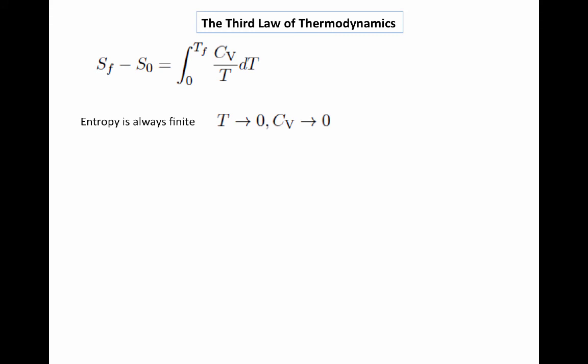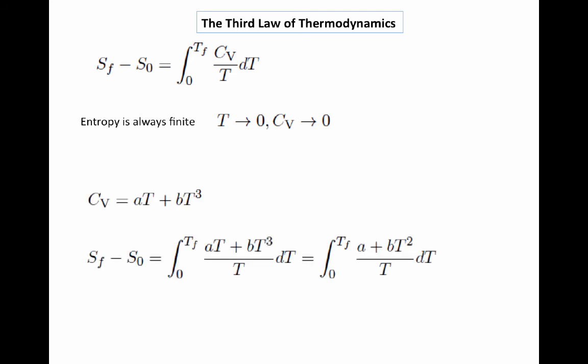Now, for an ideal gas, the heat capacity is constant. So the third law tells us that the heat capacity for a gas must stop being constant as you get to very low temperatures. It must start decreasing towards 0. In fact, for a solid, the heat capacity is given by some constant times temperature plus some other constant times temperature cubed. But that's okay.